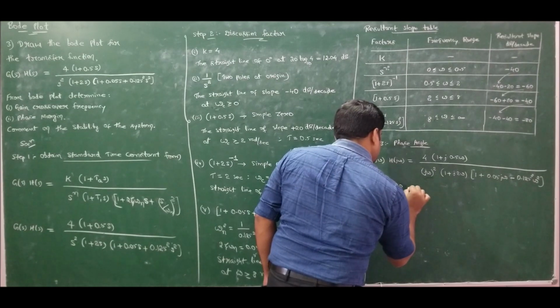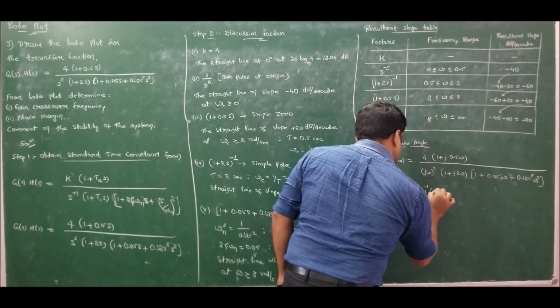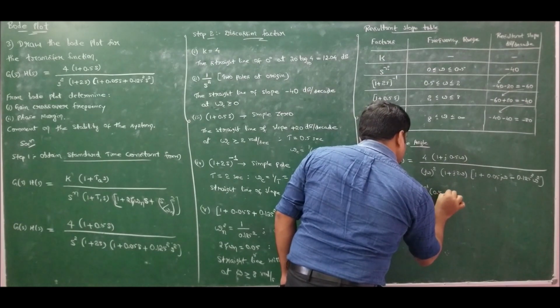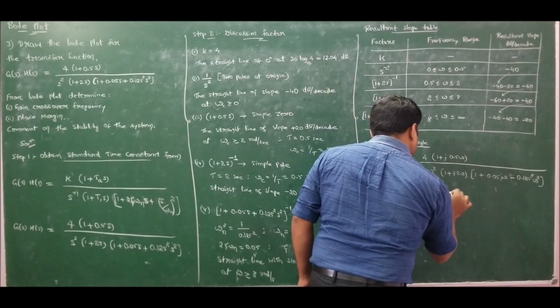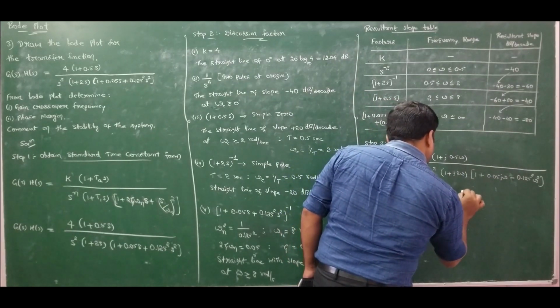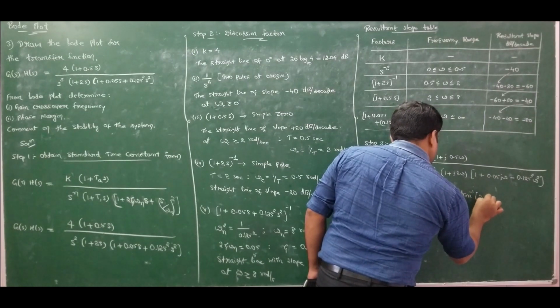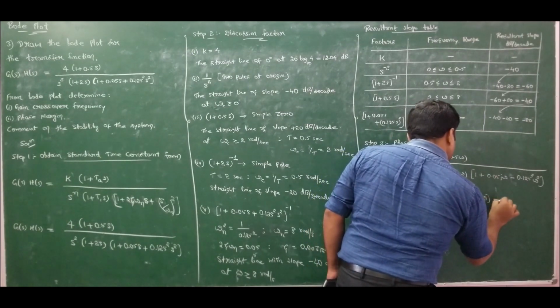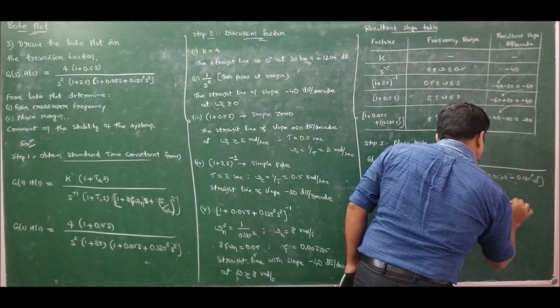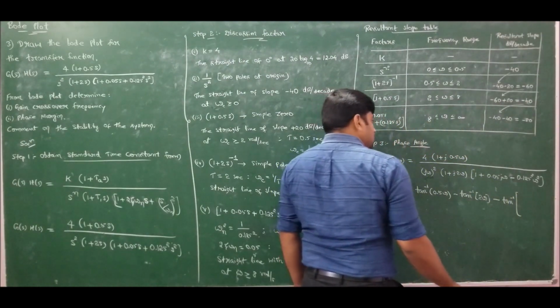Minus 180 degree plus tan inverse of 0.5 omega. Next, go for simple pole. It is minus tan inverse of 2 omega, minus tan inverse of imaginary part by real part.